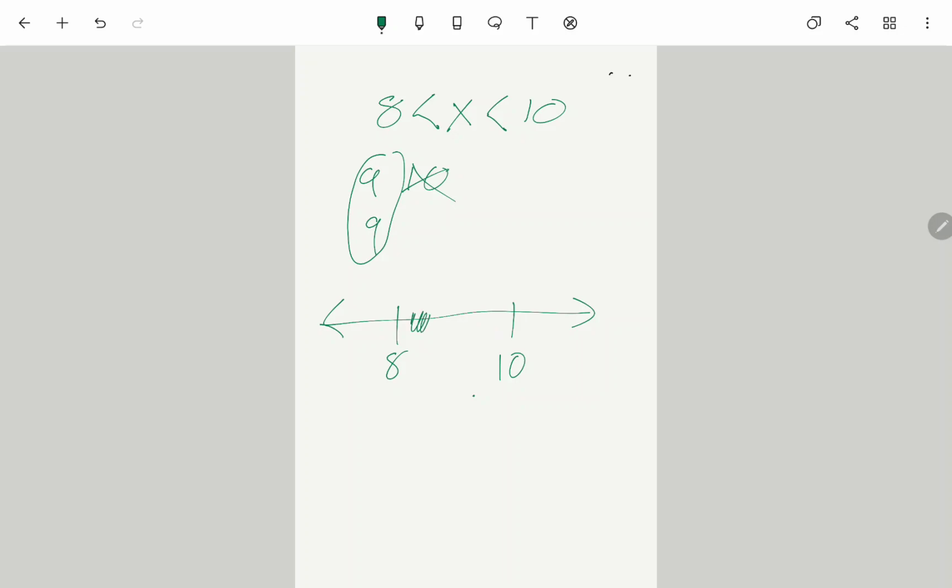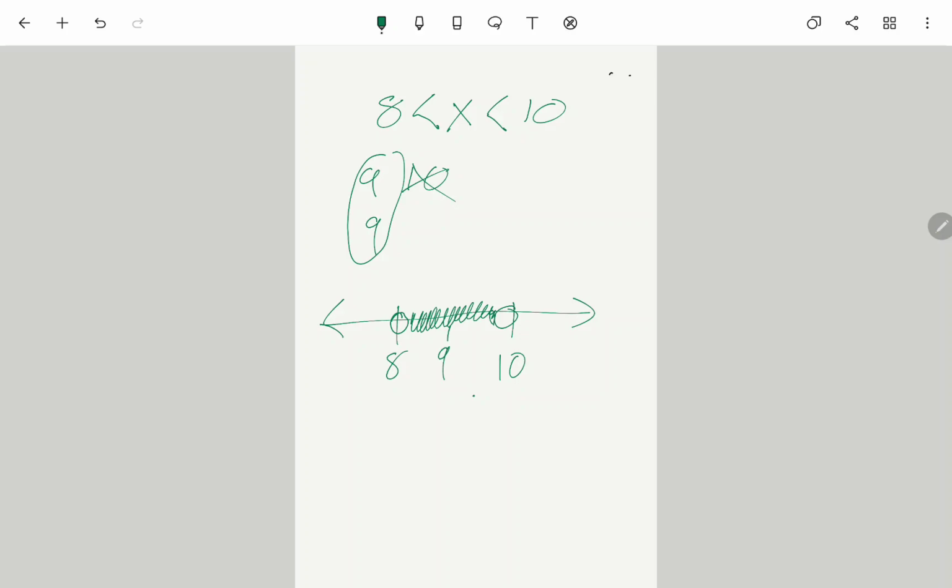So it's here. That one is 9, will be here. Is the symbol equals? No, right? So it's open circle, open circle. That one is your line graph.